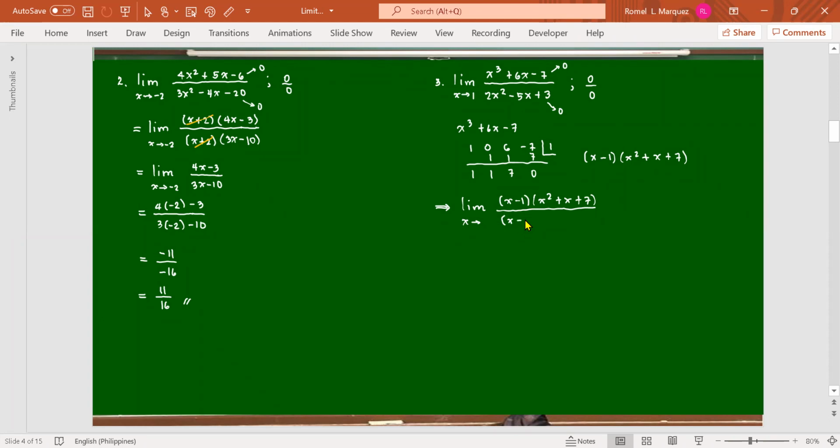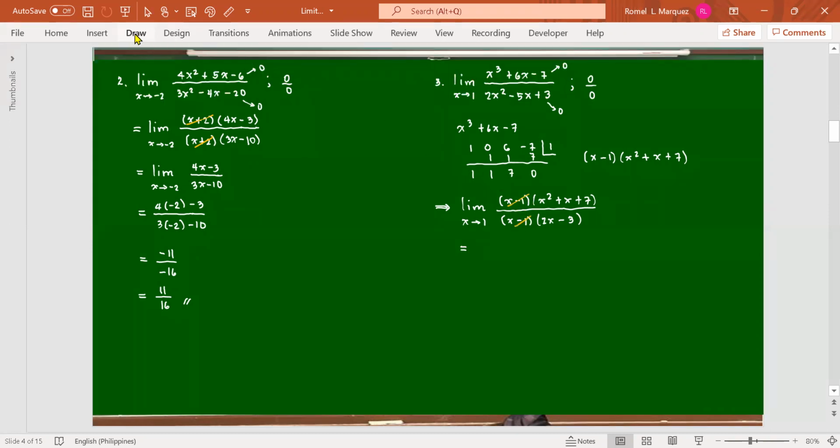One of the factors is x minus 1, no? So the other factor is 2x minus 3. Am I correct, guys? So as x approaches 1, we can now cancel this out.